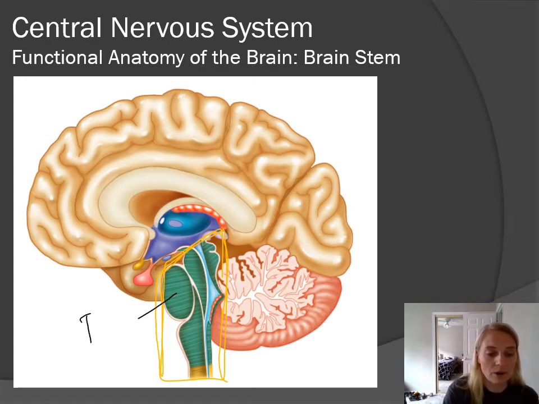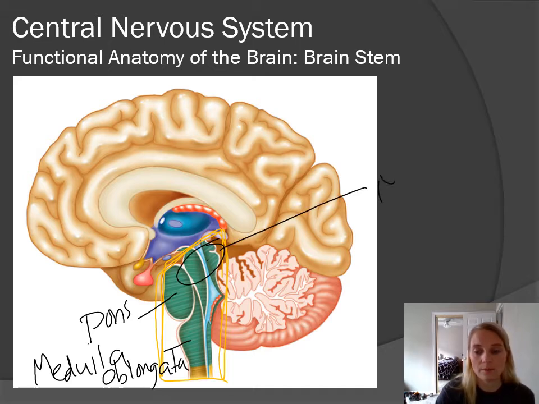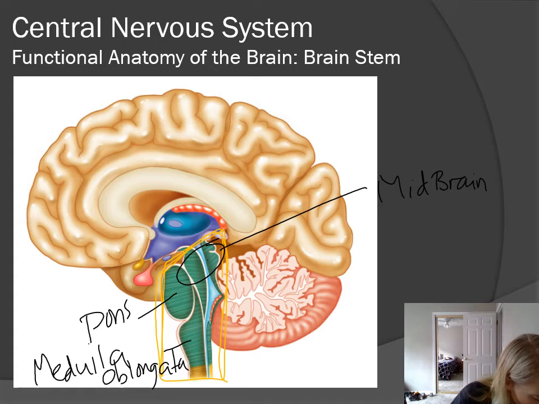So we have the pons, we have the medulla oblongata, and we have this area here is called the midbrain. Sometimes called the mesencephalon. Your book calls it the midbrain, so I'll call it the midbrain.